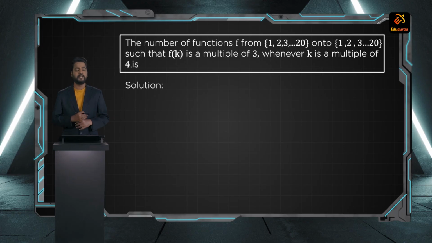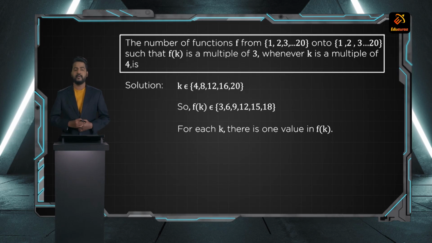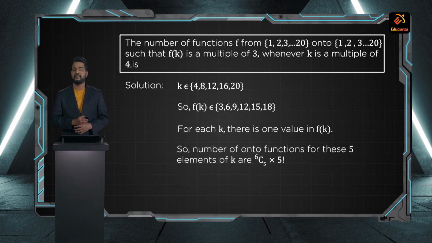Now according to the given question, k belongs to {4, 8, 12, 16, 20}. So f(k) will belong to what? {3, 6, 9, 12, 15, 18}, and so on, because for a value of k that is a multiple of 4, f(k) will be a multiple of 3. So in the codomain, we need to assign the value of f(k) for k belongs to 4, 8, 12, 16, 20. This can be done in how many ways? 6P5, that is 6 into 5 factorial ways.